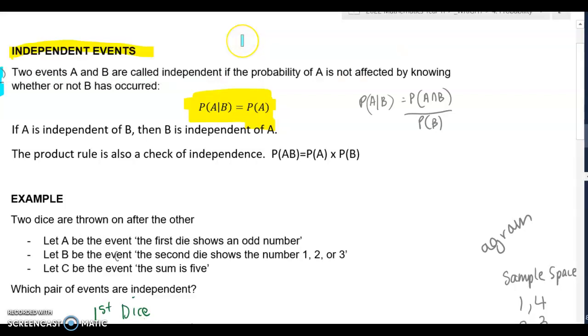So what we've been looking at during this topic is this rule here, where A is what we're going to be finding, the probability of A, given some other information.